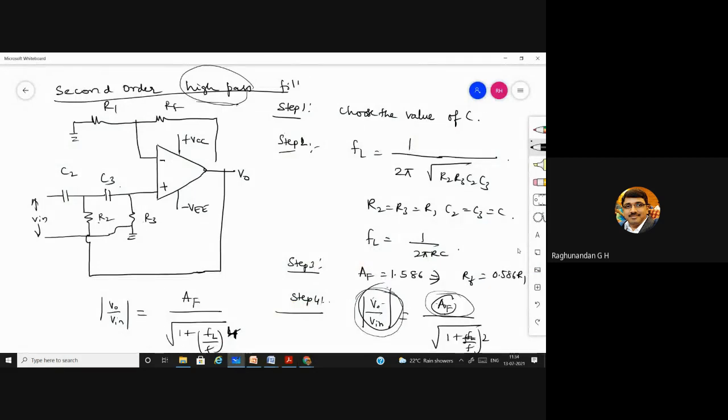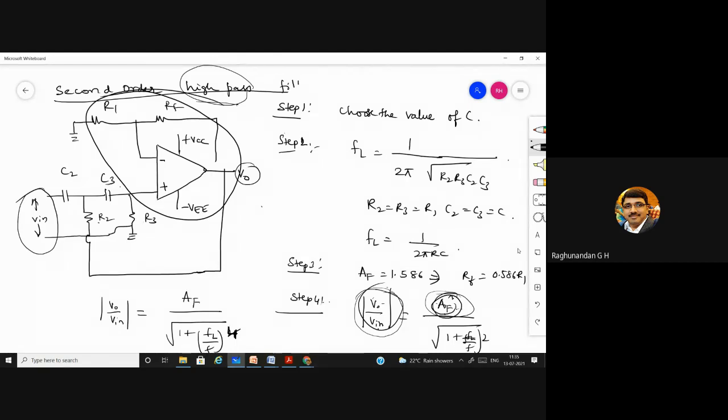See, V0 by V in is the overall gain which is achieved, considering the output voltage and the input voltage. This is the gain which is given by the op amp, the gain which is just given by the non-inverting op amp. And obviously this is going to decide what the gain of this entire circuit should be. But V0 by V in will give you the overall gain achieved.